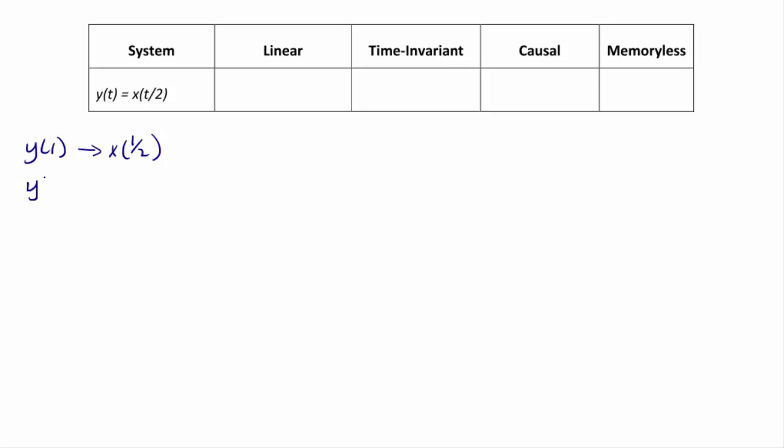Or if the output is at time 2, then that is the input at time 1. So since the output depends upon past values of x, we will say that this is a causal system. However, since it looks at past values, not just the present value, it's not memoryless.